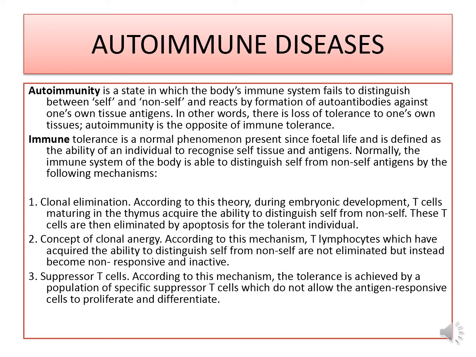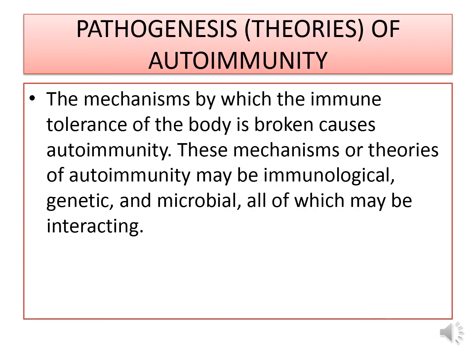Immune tolerance is a normal phenomenon present since fetal life and is defined as the ability of an individual to recognize self-tissues and antigen. Normally, the immune system of the body is able to distinguish self from non-self antigens by the following mechanisms: clonal elimination, the concept of clonal anergy, and suppressor T cells.